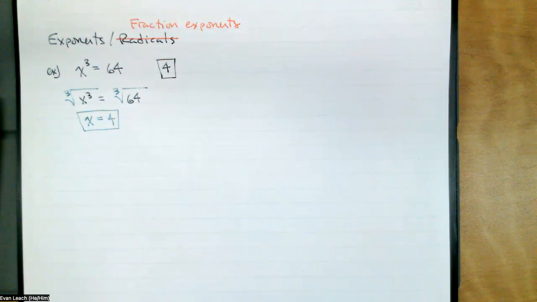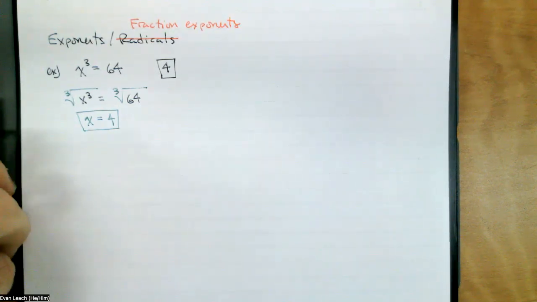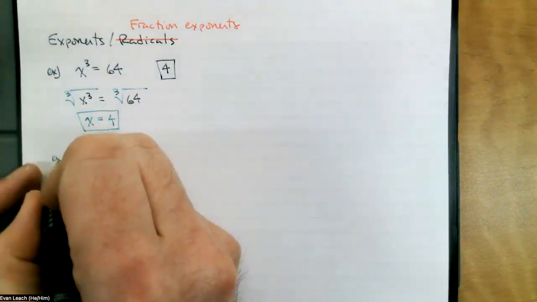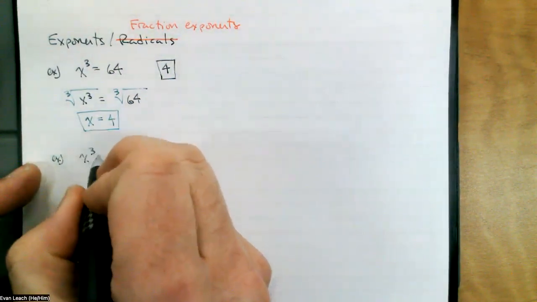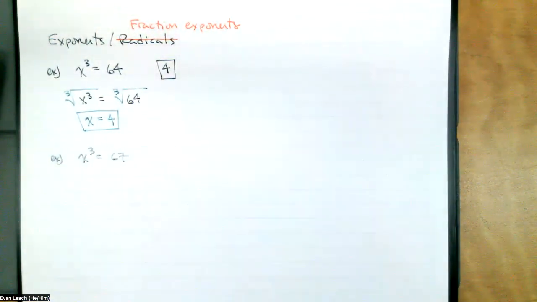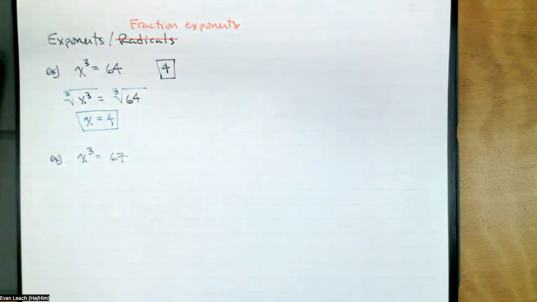This one we probably just recognize that 4 cubed is 64, but we want to know the operations in case I ask some kind of messed up question. In case I'm like, oh, x cubed is equal to 67. And we know that 67 is not a nice cube. And so we'll say, oh, 4 point something. And then I'll ask, can you be more specific?